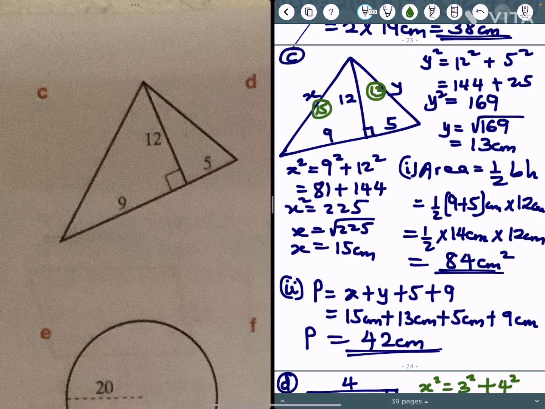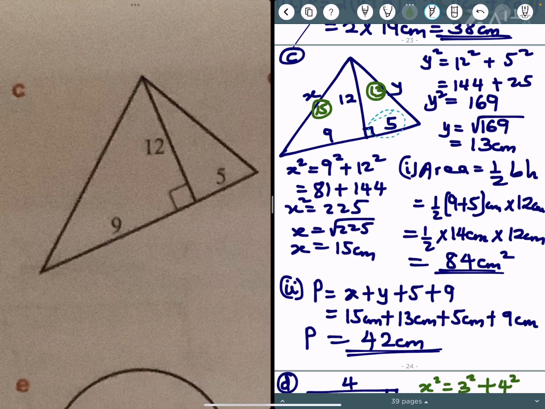You can see here we were not given Y, we were not given X. We were only given 12, 9, and 5. So in this kind of question, you need the lengths of the 3 sides of the triangle, so you have to figure them out yourself.